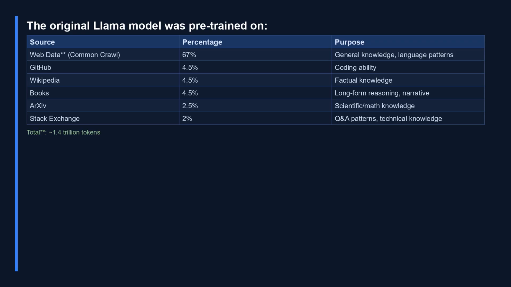Wikipedia added another 4.5% of structured factual knowledge. Books accounted for 4.5%, teaching long-form reasoning and narrative structure. Research papers made up 2.5%, and Stack Exchange contributed 2%, introducing question and answer patterns and technical problem solving. The total, approximately 1.4 trillion tokens. That's the scale we're talking.